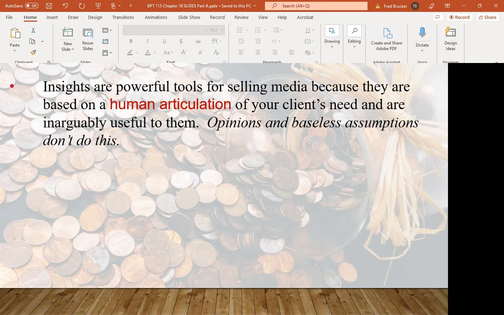This is the distinction of insights as opposed to opinions, as opposed to assumptions. We're taking a look at the information we have available, trying to make some educated guesses, but they're not marred by any sort of bias or assumption. We're trying to objectively look at the data we have and make some assessments.